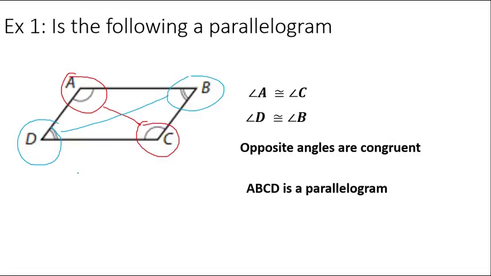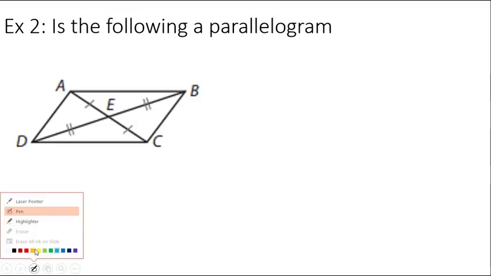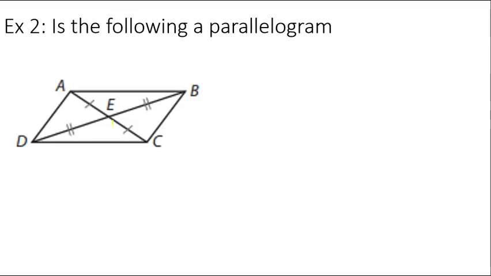Okay, now example 2. In this figure, they give us some diagonals here in the middle. If you look at this diagonal, it says AE and EC are congruent to each other.